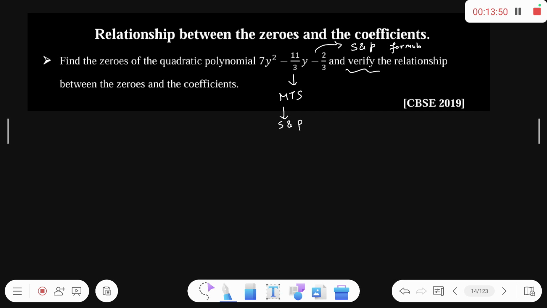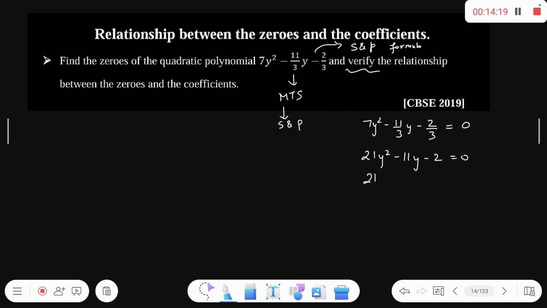So by the formula, 7y square minus 11 by 3 y minus 2 by 3. Whenever the polynomial is in fractions, first take the LCM to convert it. So it becomes 21y square minus 11y minus 2 equal to 0. The denominator meets with 0 and becomes 0.